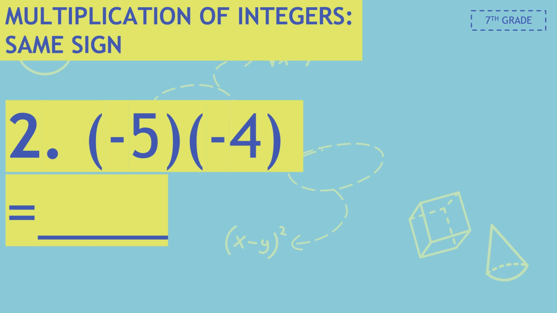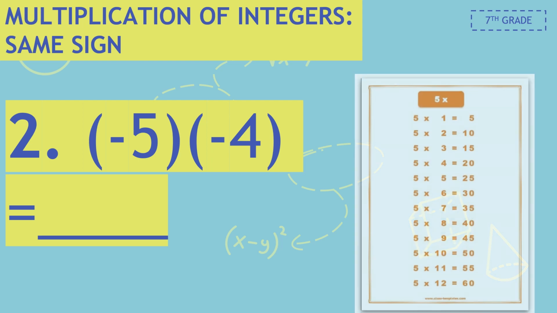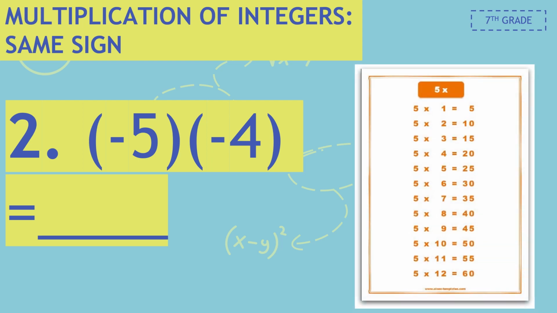Yung una negative, yung pangalawa negative pa rin. Okay, so if we're going to look sa ating multiplication table of 5, 5 times 4 is equal to 20. Okay, so the answer here will be 20.